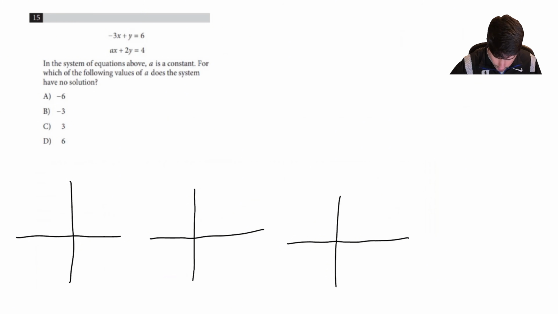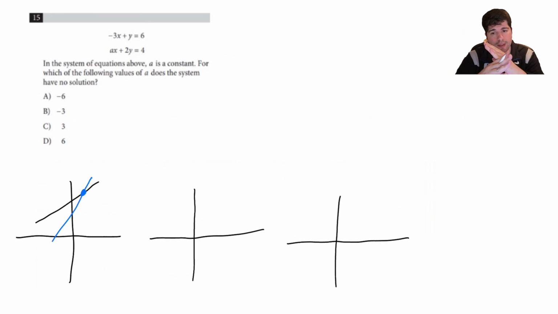So in this first scenario, let's say we have our first line, and then we have the second line, and they intersect at exactly one point, and then they never intersect again. So this is the case where there's exactly one solution. The reason that these lines can never intersect again is because they have different slopes.